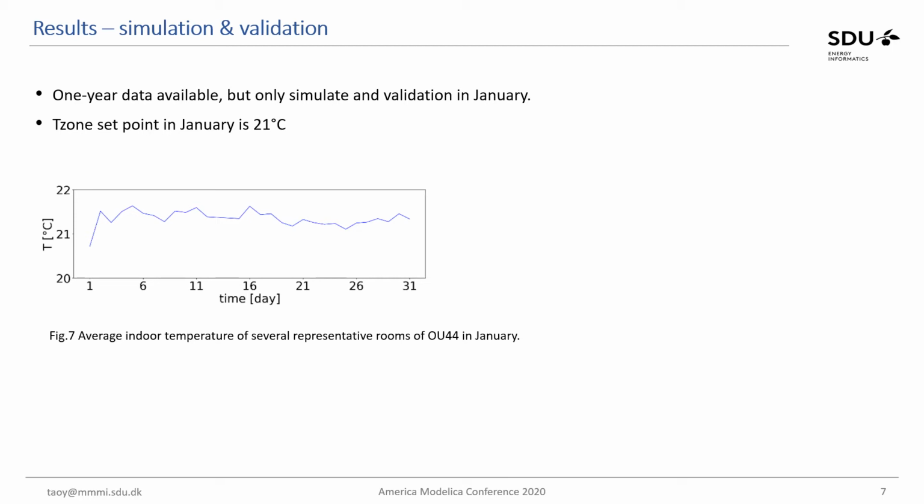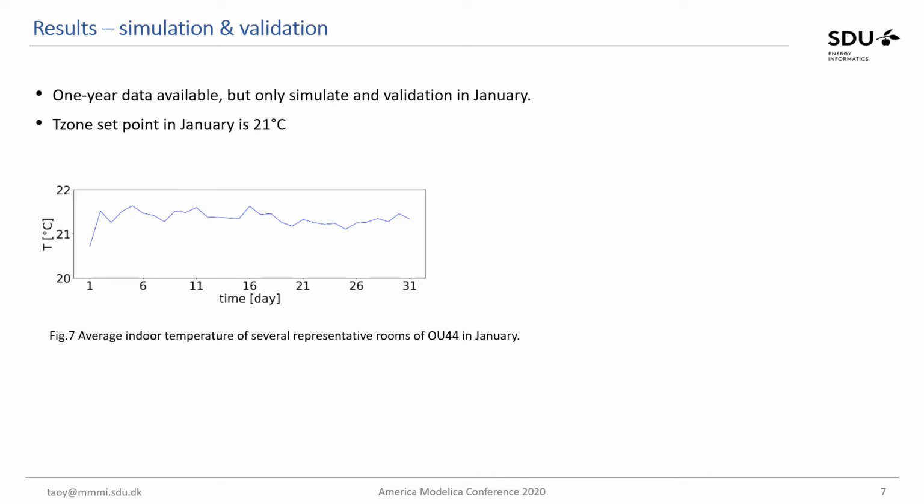The reason we choose January is that basically in Denmark, January is a month that uses the highest heating power, and also it has heavy teaching activities, which indicate that a lot of occupancy. So it might be good that we take the measurement from this month to validate against the simulation data.